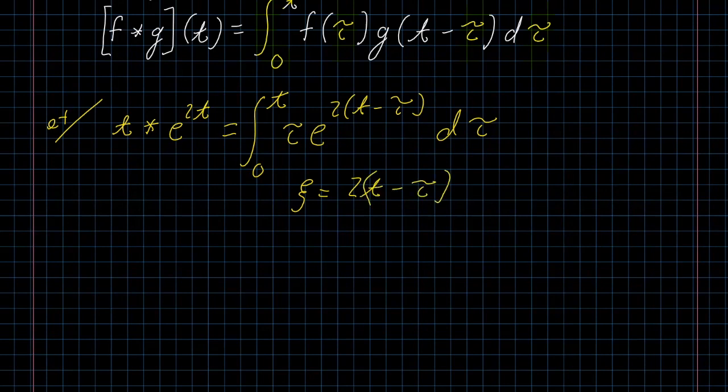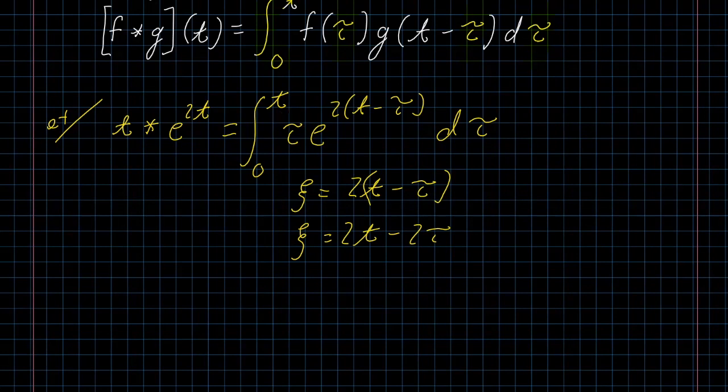All right. And I'm just going to set that as the exponent here. 2 times the quantity t minus tau. And I can distribute that out, 2t minus 2 tau, which will actually make things helpful for us. Because one of the things we're going to need, I've got a tau hanging out by itself here.